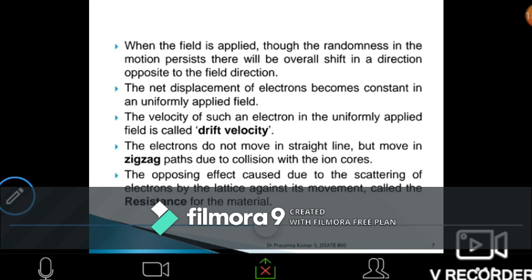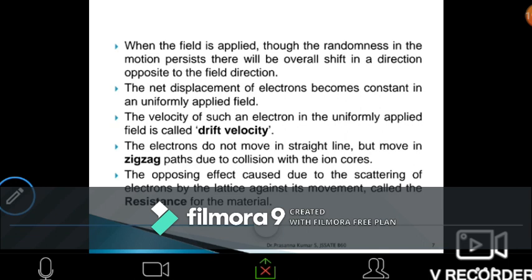When electrons move from one side to the other side, overall drifting of electrons is taking place, and it represents the electrical conductivity. They don't go in straight lines because of the lattice cores in between. Even now there are many reflections, scatterings, but ultimately they reach the other end because of the external potential applied. This is called the conductivity. This is how we can explain the electrical conductivity in metals.